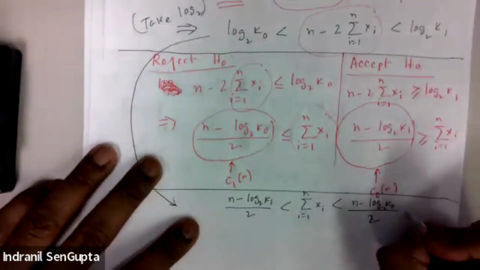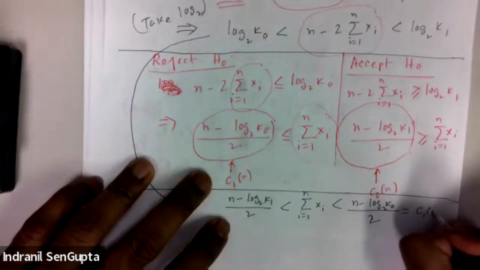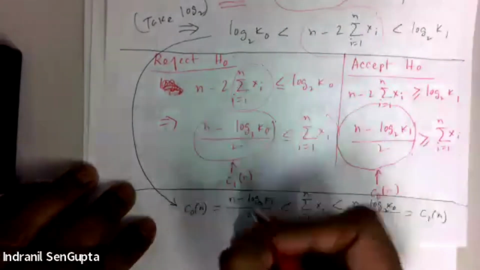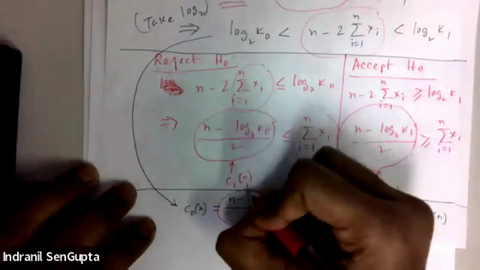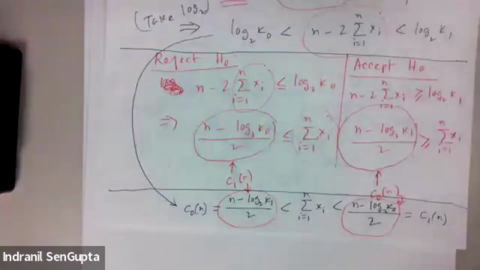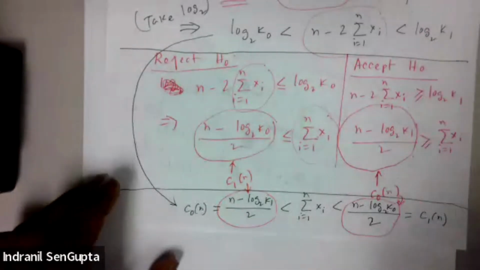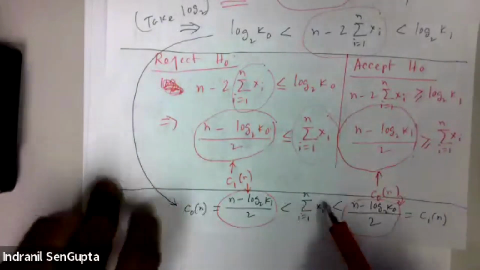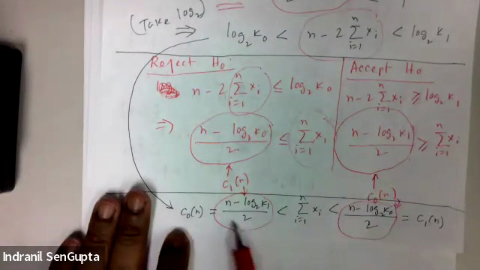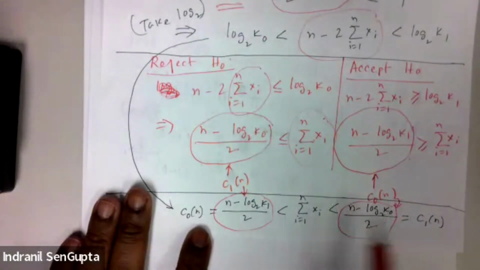Now this is what we called right here k0. So it's c1n, and this is what we call c0n. So that means when the sum of the samples is between this C0 and C1, we don't make any decision. As soon as the sum is touching some boundary, then we are making a decision.